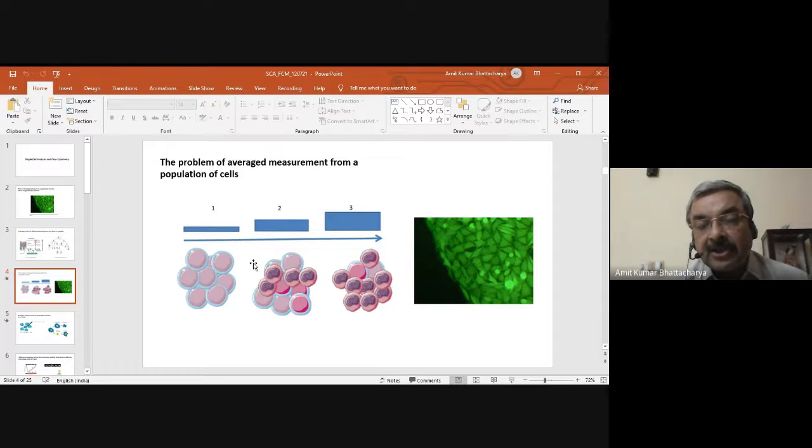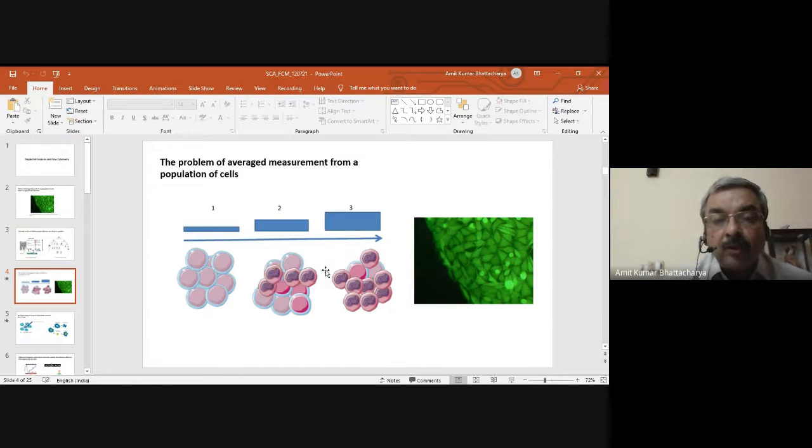But now, as time goes, you find that a certain population of cells start accumulating more protein than the others, which are lighter in color, and these ones are dark in color.